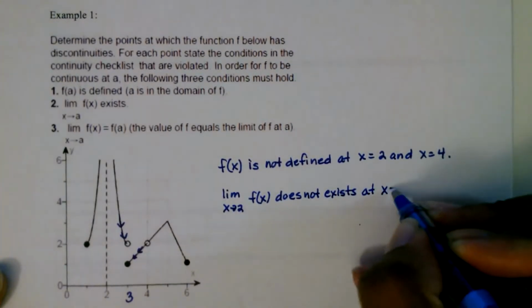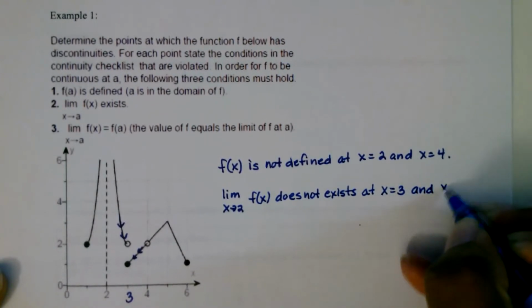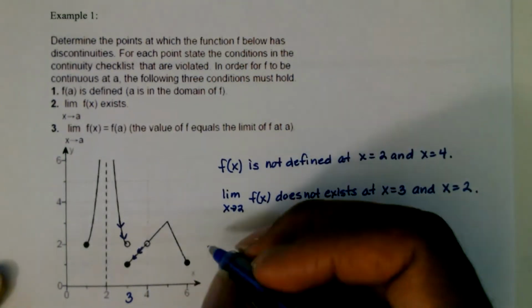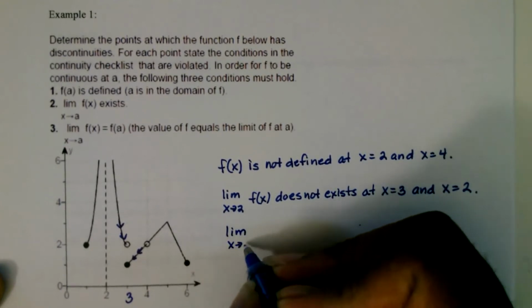At 3 and at 2, the limit does not exist. And for that third requirement, where the limit as x approaches a of f of x has to equal f of a, this will not meet that requirement.